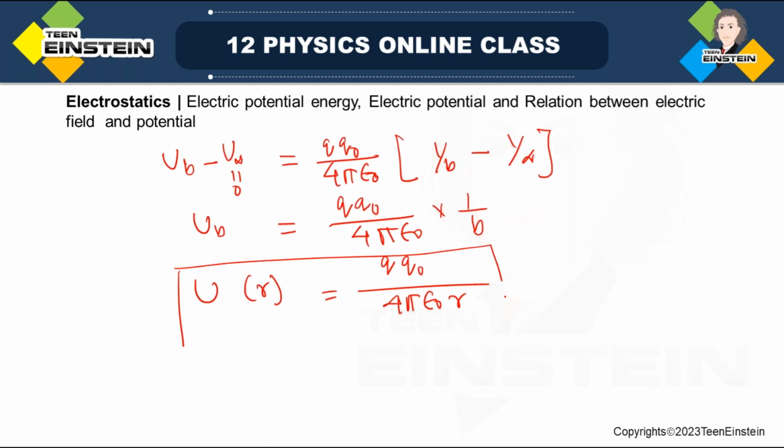This is the general formula for potential energy due to two charges.